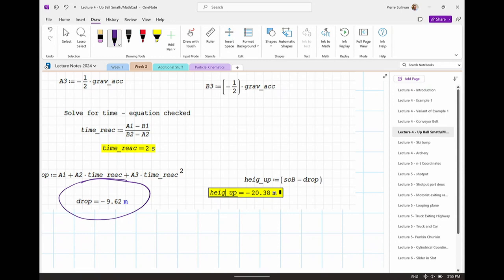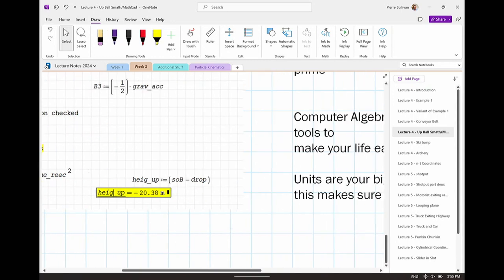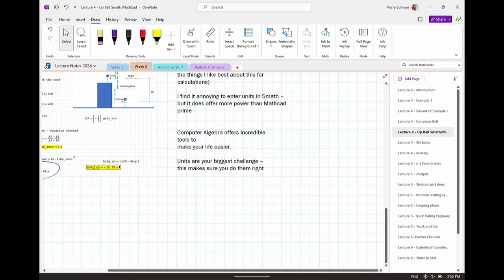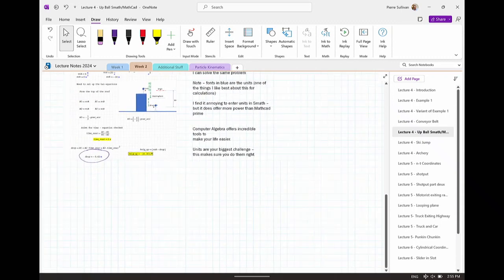So there you go. That's really all I wanted to say. Units are one of your big challenges. We inevitably have, and I will repeat this, we do not put any English units on an exam, but we can put them into a homework or into the notes.